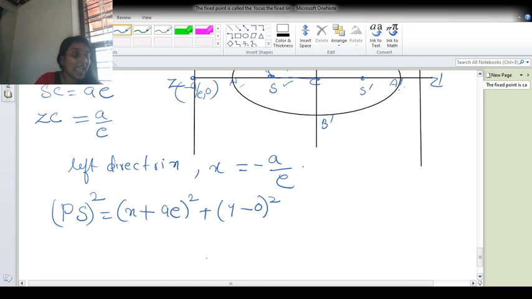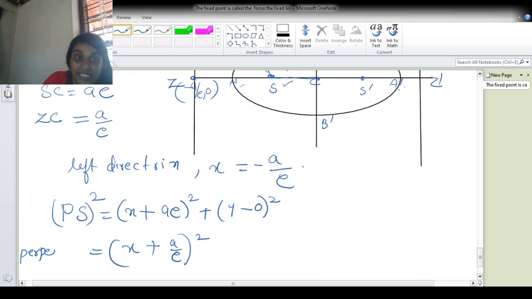And what is the perpendicular distance from that point to the directrix? That distance is x plus A by E. This is the perpendicular distance from P to the fixed line.